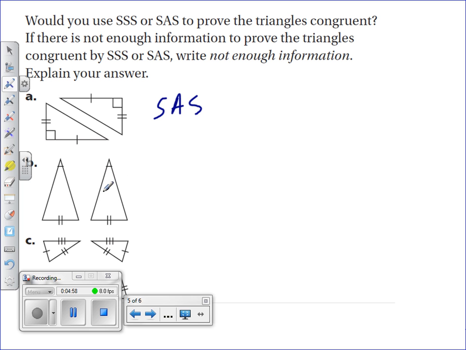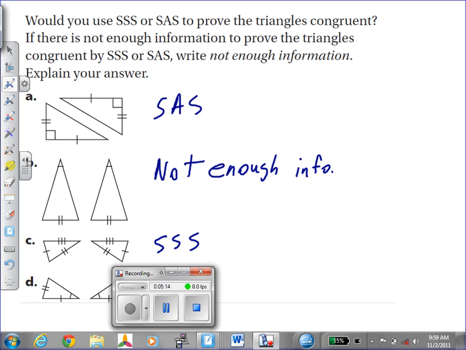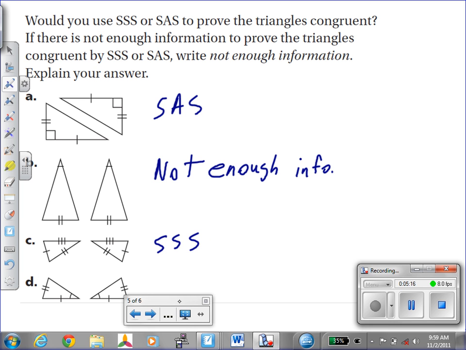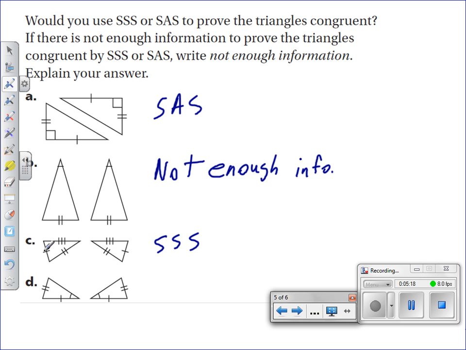Do we know side, angle, side? So not enough info. Now the bottom, Laura? Side, side, side. That's just because there's no angle. It's because they give us all three sides are congruent. Side, side, and side.